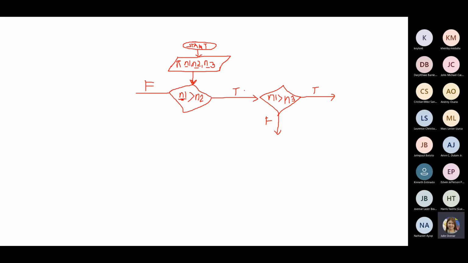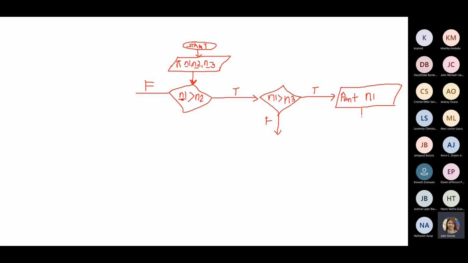Then if N1 is greater than N3, meaning when it is true, it is the largest value. And that will be the time that you will print. This is the data; you will say print N1, because it is the largest.